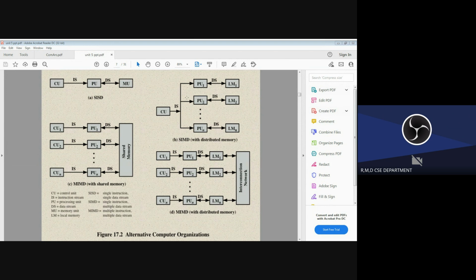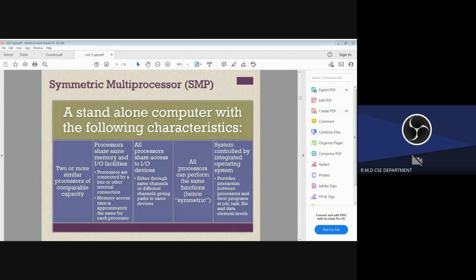From there, only one instruction stream goes out, but we give different data streams, so a different processor and local memory is assigned. So it is called distributed memory. And the third one is MIMD with shared memory, that is, multiple instructions and multiple data streams. So this is the architecture for that.